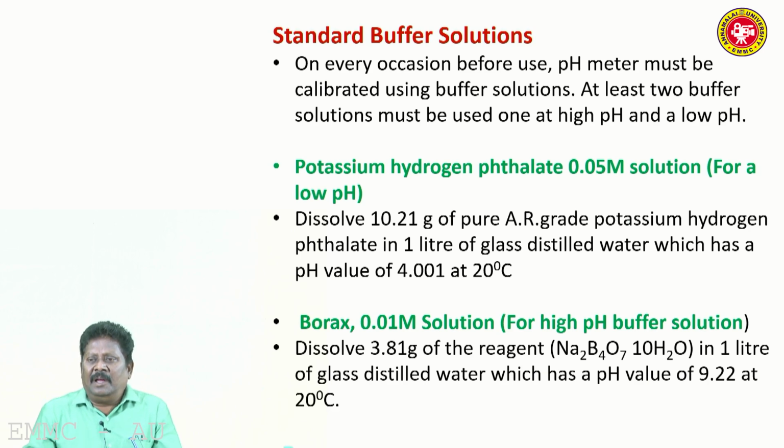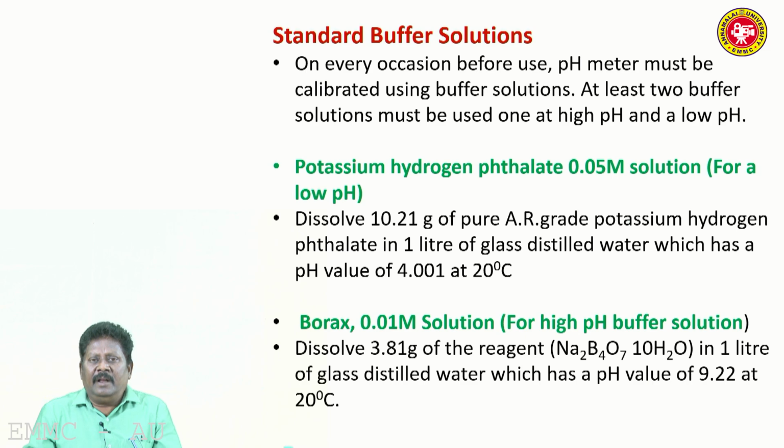Usually we prepare potassium hydrogen phthalate 0.05 molar solution, which gives a pH value of 4.001. For the preparation of potassium hydrogen phthalate, you dissolve 10.2 gram of analytical grade potassium hydrogen phthalate and then make up to 1 liter using distilled water. So, this will give you a pH of 4.001 or 4.0.